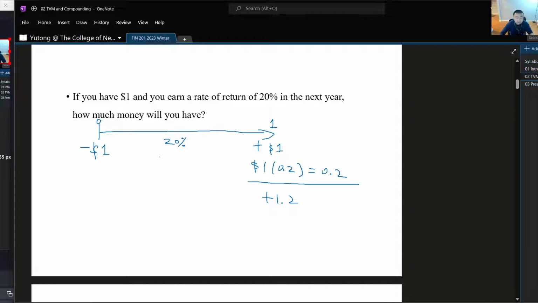So as you can see, the $1 today can become $1.2 in the future if you can invest at 20%. The calculation of the time value of money, to calculate what a certain amount of dollars is worth at a certain point in time, really requires you to know the return over this period.